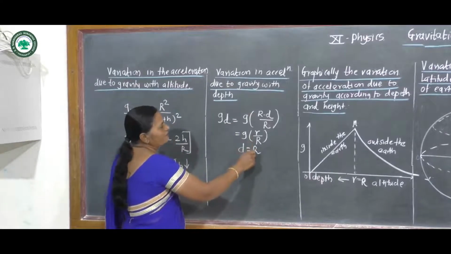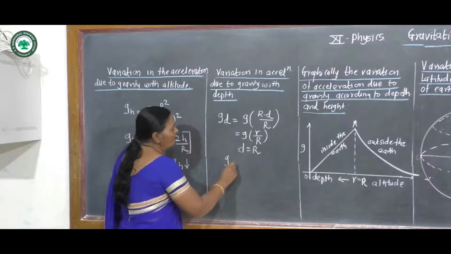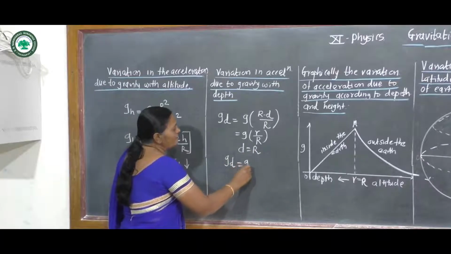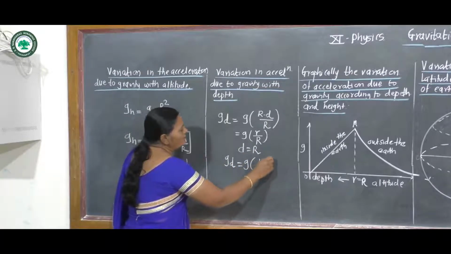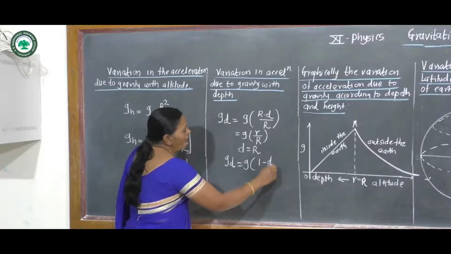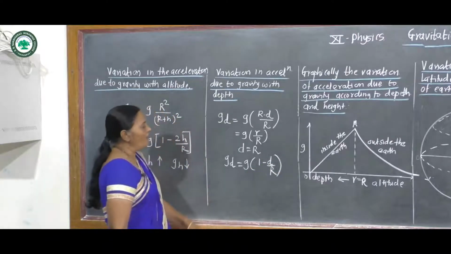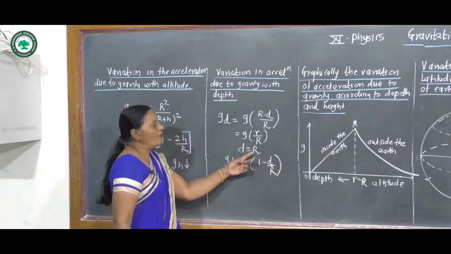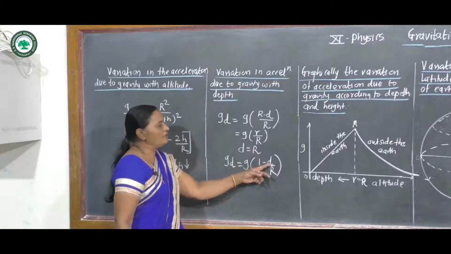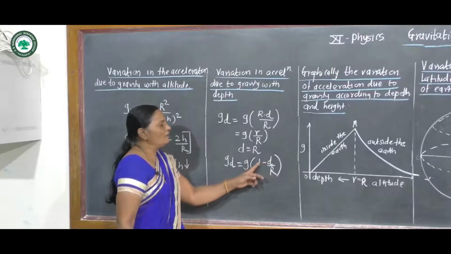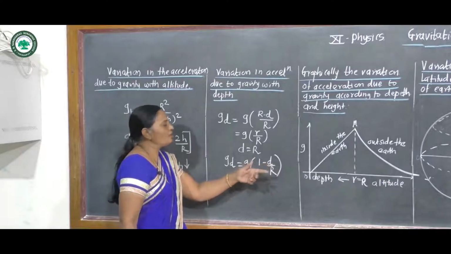We can simplify this equation: g_d is equal to g into (1 minus d divided by R). If d is equal to R, suppose we substitute R here, then it becomes 1 minus 1, which is equal to 0.